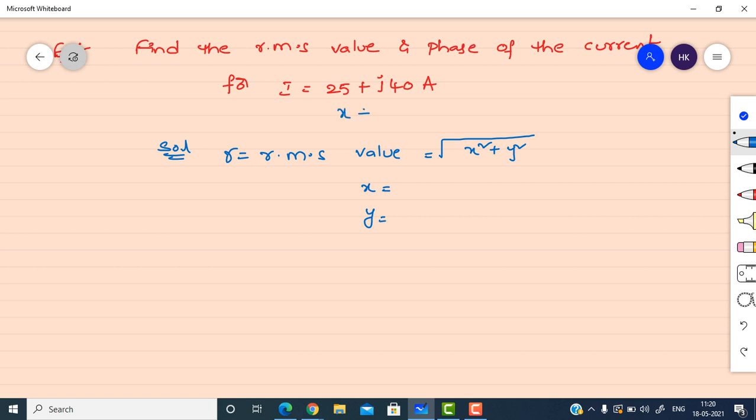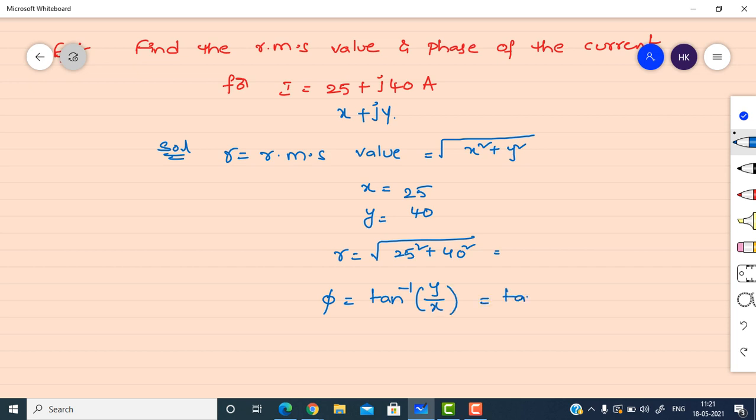This equation is in the form of x plus jy: 25 and 40. Therefore R is equal to under root 25 square plus 40 square. You will get the R value. And next, phase. Phase means phi. Tan inverse y by x, that is 40 by 25. So you will get the value of phi.